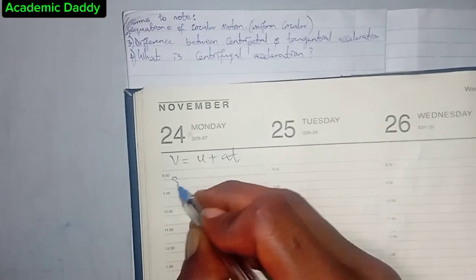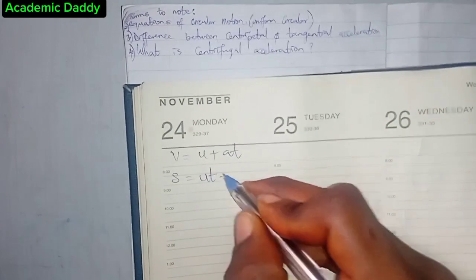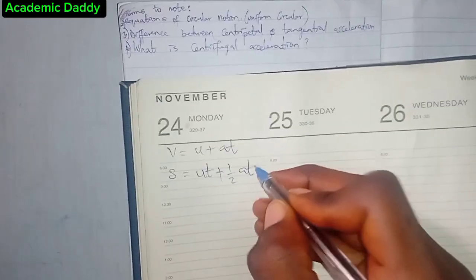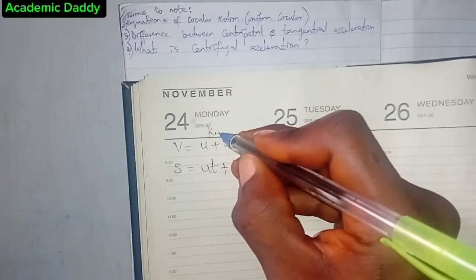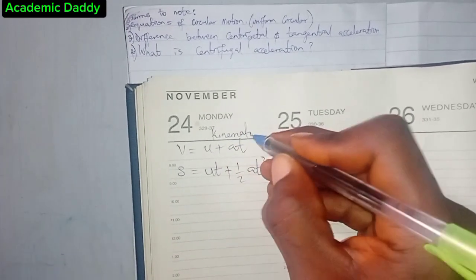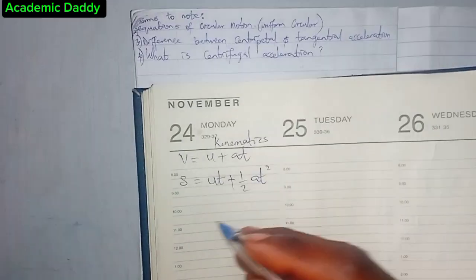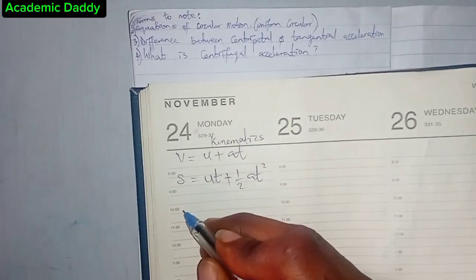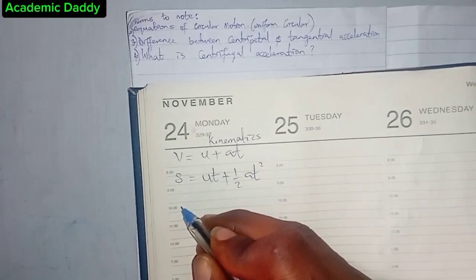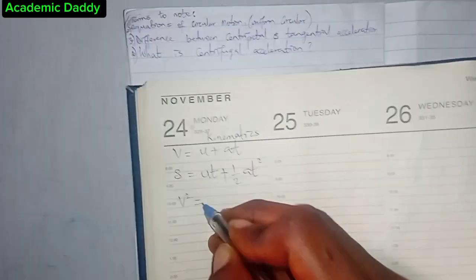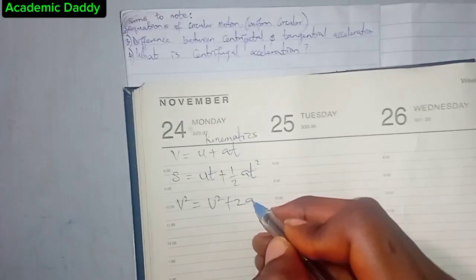Then it gave us s equals ut plus half at square for kinematics. That is for linear motion or translational motion or rectilinear motion or motion in one dimension. Then it also gives us v square equals u square plus 2as.